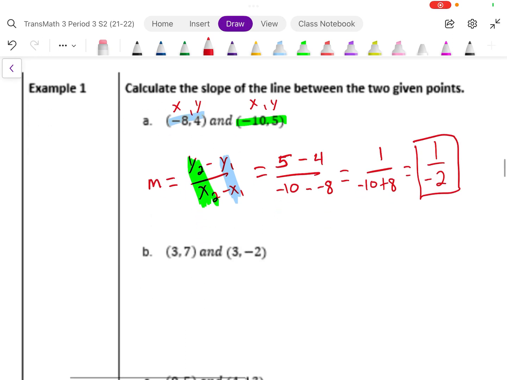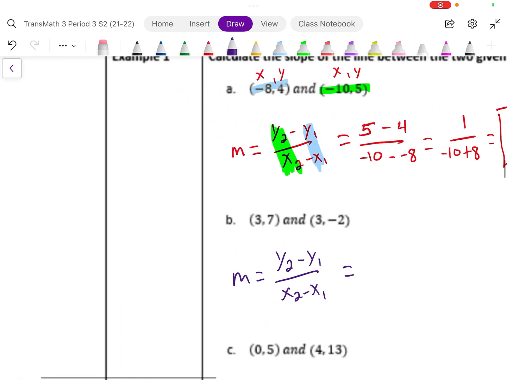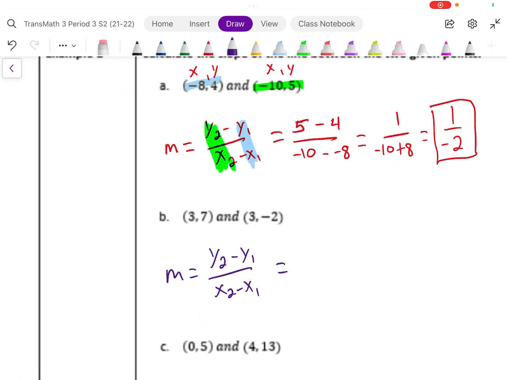Okay, continuing on with that, getting some more practice. y2 minus y1 over x2 minus x1. Just pick a point. I'm going to start with that 3, 7. On top again, we're looking at our y coordinates.